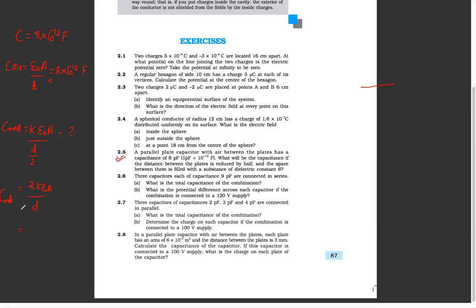Next, you can easily substitute the value of K. The value of K is 6. So it's 2 into 6 into epsilon naught A by D. Here epsilon naught A by D is 8 into 10 raised to the power minus 12.